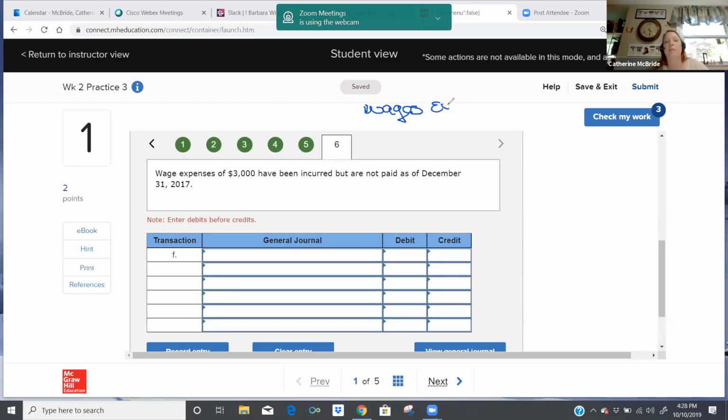Wages expense, and what's our other account going to be? If we have an expense and we don't pay it right now, what do we record? It's a liability. We're going to record wages payable.